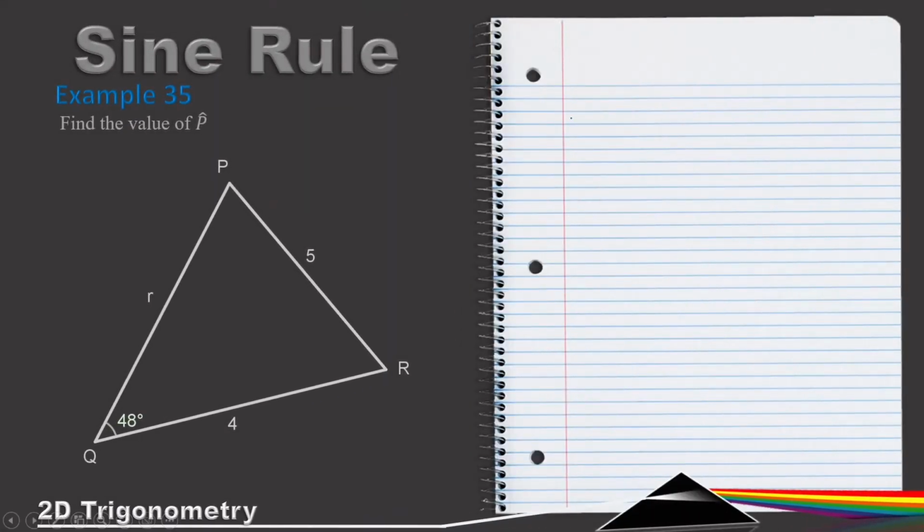Right, now in this example, example 35, find the value of angle P. Now in the previous examples we found the sides. Now we need to find the angle.